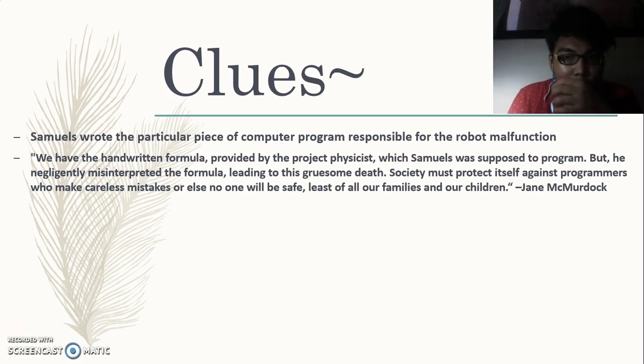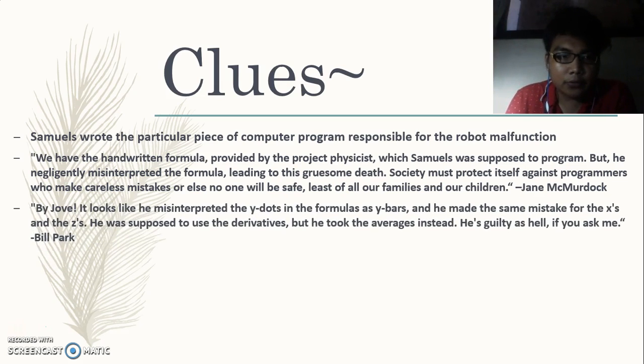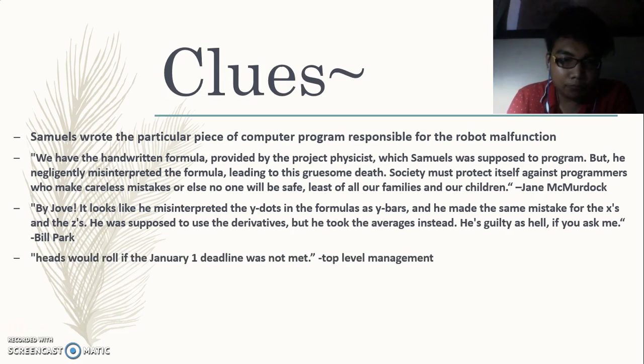So basically, Samuel killed Bart Matthews because of his code. Okay, so I've also got other clues. This is a statement from Bill Bark. This also points to Samuel being responsible for the death of Bart Matthews.